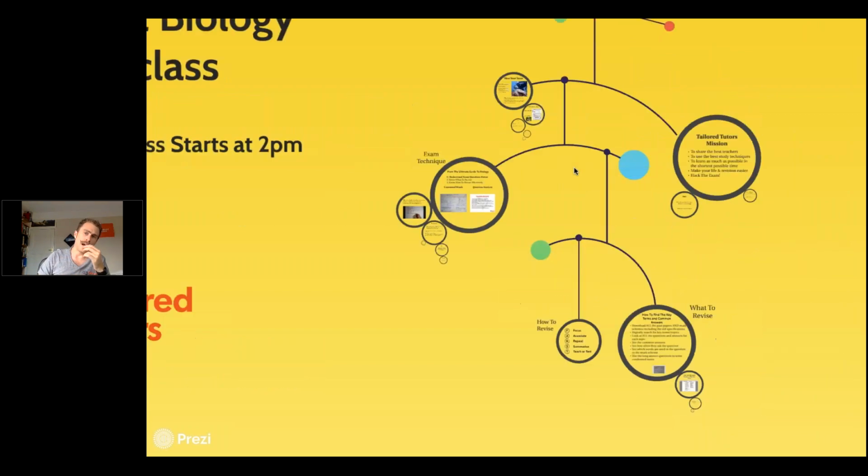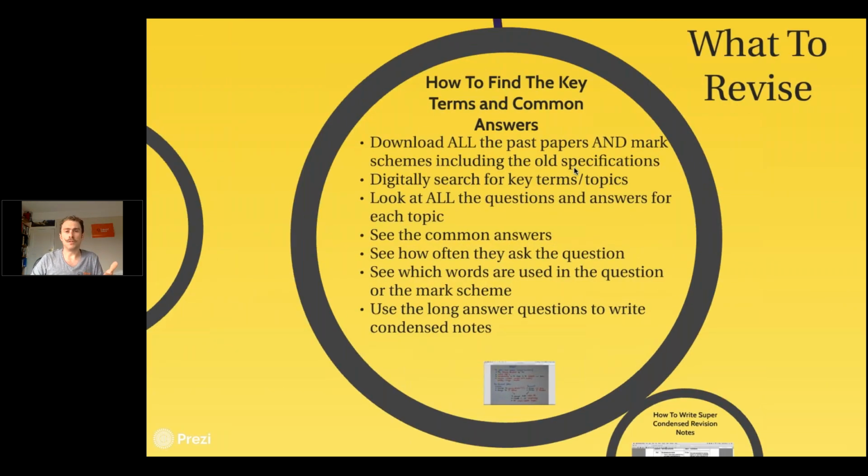Next up, we're going to look at what to revise. A lot of you said that there's too much and you don't know what to do, and a lot of you have been asking me about past papers. There are lots of things we can do to modify the way we revise to maximize efficiency.